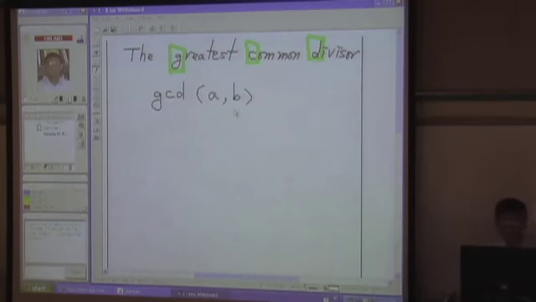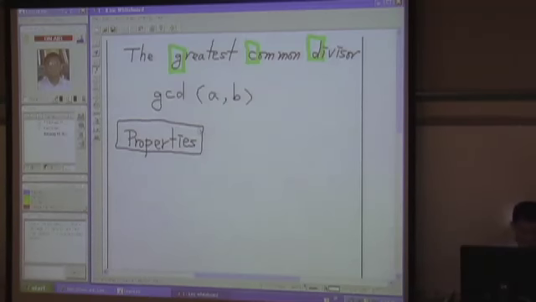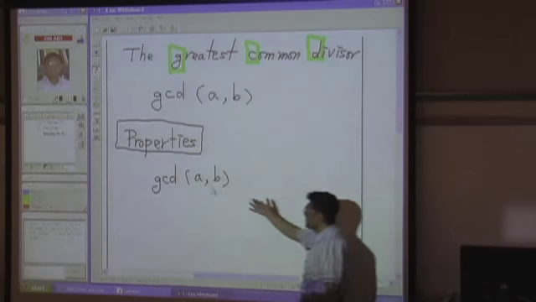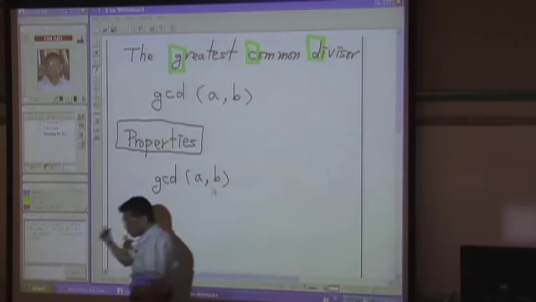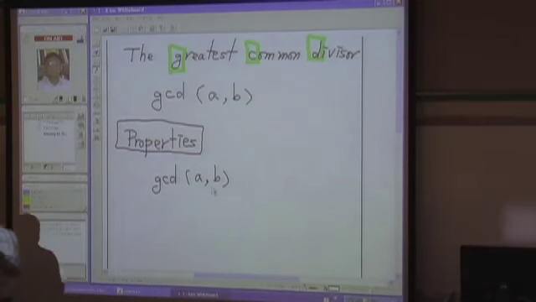Then the proofs or important properties. So I will defer proofs, but properties are very important. GCD properties are very important, so I will defer the proofs. First of all, if you have GCD of A and B, suddenly, if this kind of thing appears in our formula or in our expression, then it's very difficult to handle.